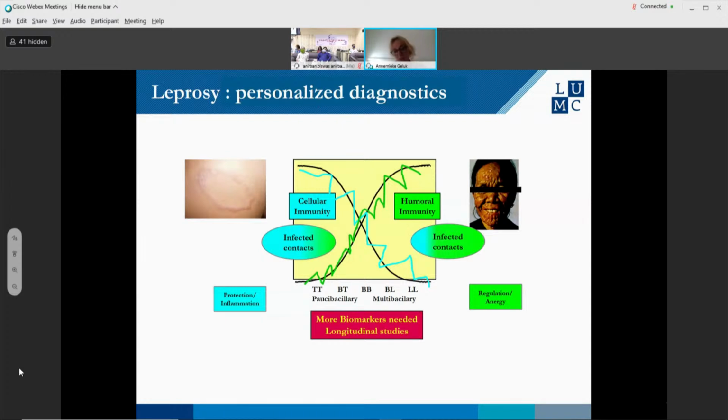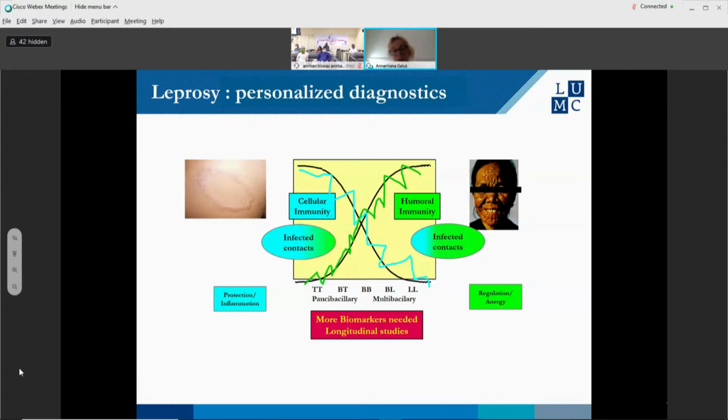because on one hand, people that are so-called lepromatous leprosy patients, they have a lot of bacteria, so they're called multibacillary patients. And this is what you see on the right here in this slide. So they have no T-cell response, so no good protective cell-mediated immune response.